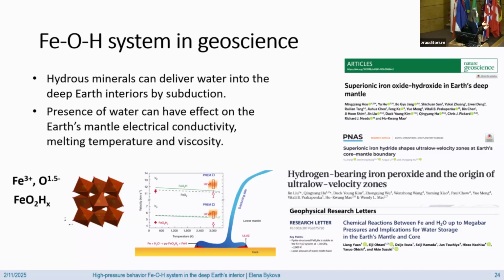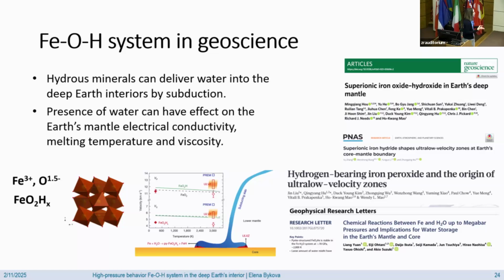It's indeed very important to study how they behave in the deepest interiors, because water can influence parameters such as viscosity. Typically, more hydrous materials are less viscous. They promote better heat transport and also electrical conductivity. So lots of the heat of the core can be transferred to higher layers.